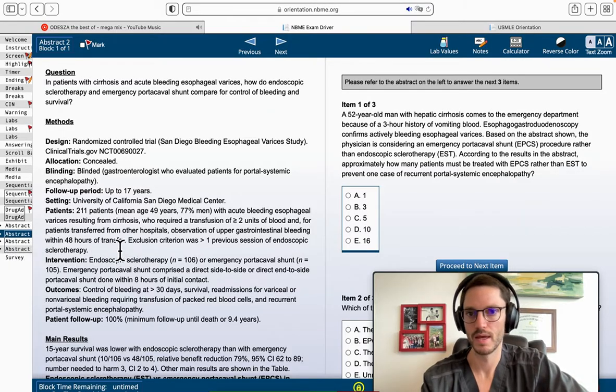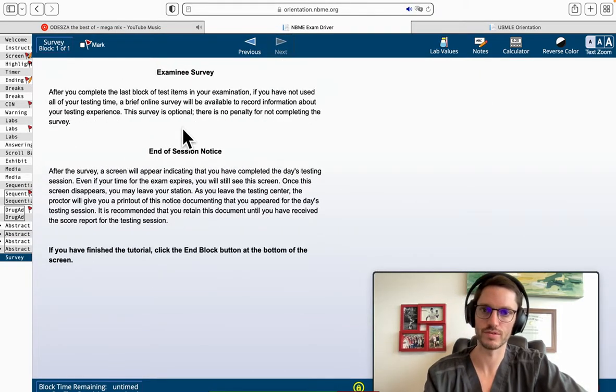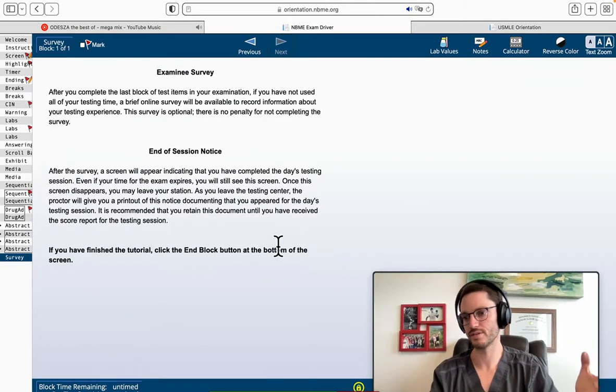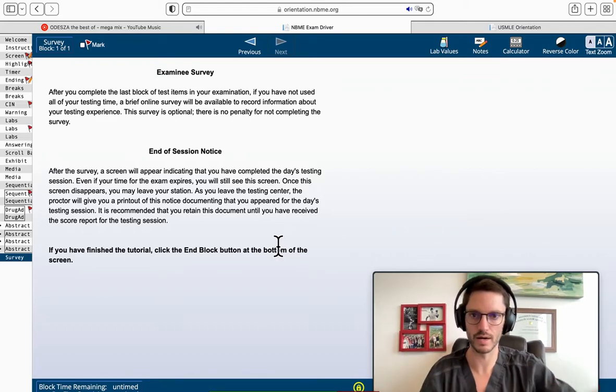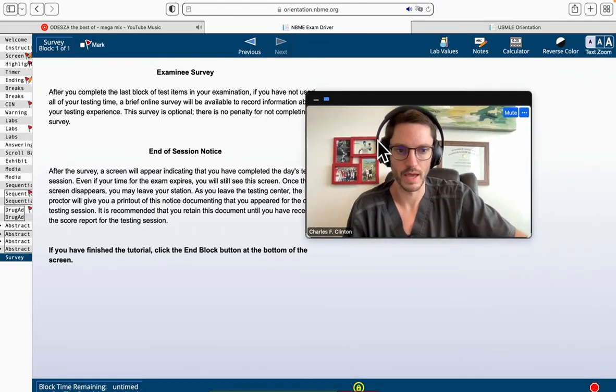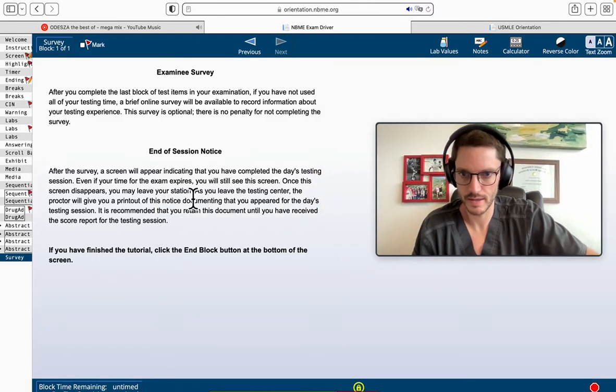And I haven't answered any because you're seeing the bullet points right here. And after that, once you finish the whole test, you'll get a survey that you can answer if you wish or not, about your feedback on the experience. And in the end, it's very important that as you leave the testing center, you take the printout of this notice documenting that you appeared for the day's testing session.